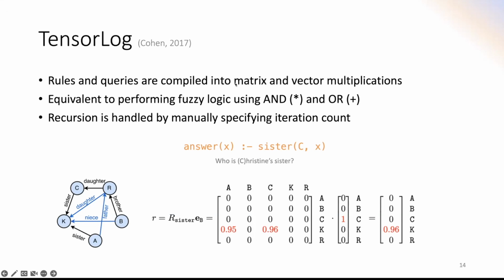Now, this is equivalent to performing fuzzy logic, and there is a lot of existing literature on fuzzy logic that we won't get into right here. Just keep in mind that this whole process is differentiable, and basically these discrete logic rules are turned into soft matrix and vector multiplications, so the whole pipeline is differentiable.